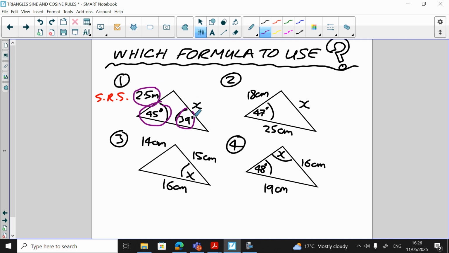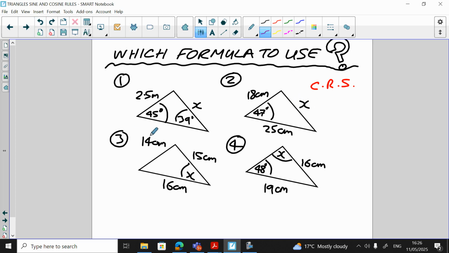Whenever there's 2 angles involved, it's a sine rule. Next one. Oh, 1, 2, 3. 3 sides are involved. Doesn't matter that we don't have all 3, but we're looking for one. So as soon as we see that, that's telling you it's cosine rule for side, because it's a side we're looking for here.